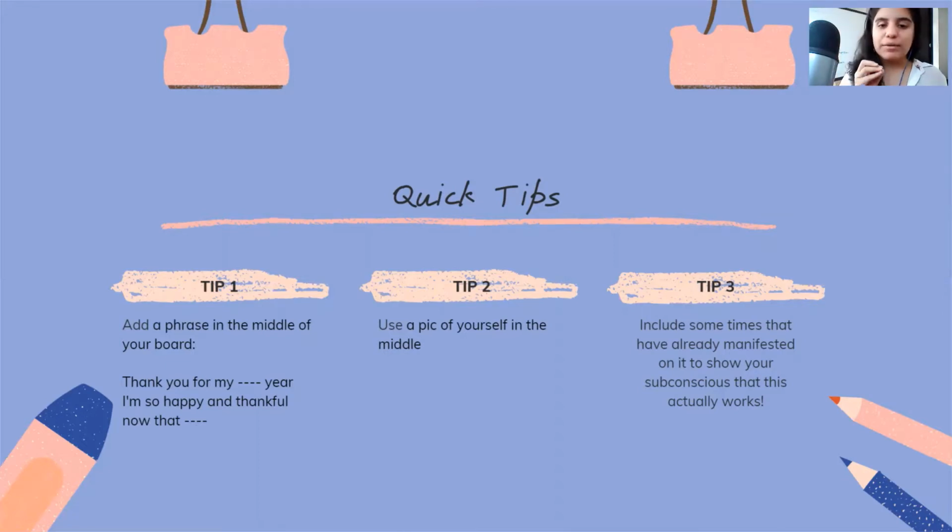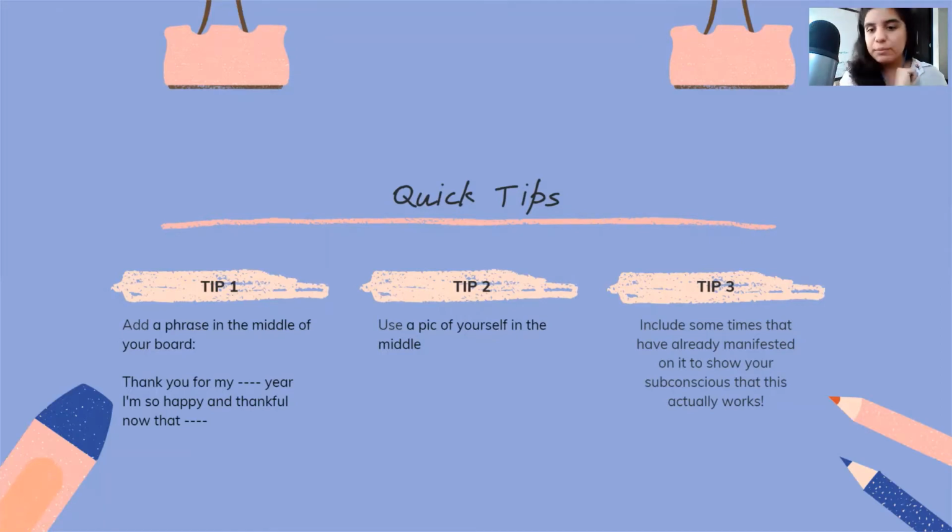So by you having a picture in the middle, it means that you're attracting everything you want to you. Instead of seeing these things that could happen to somebody else, by having a picture of you, you can see yourself actually experiencing it.